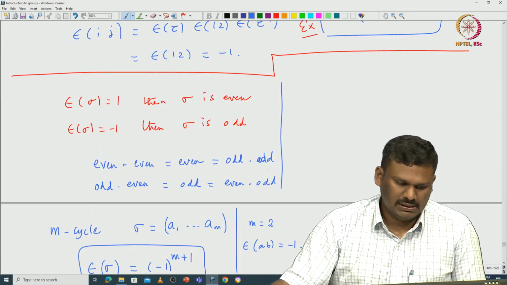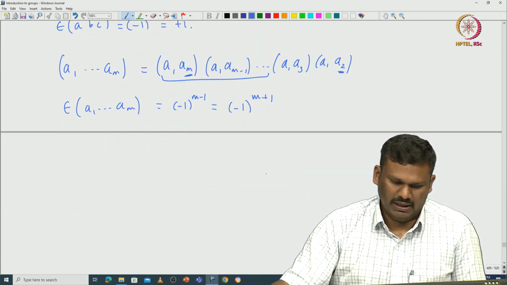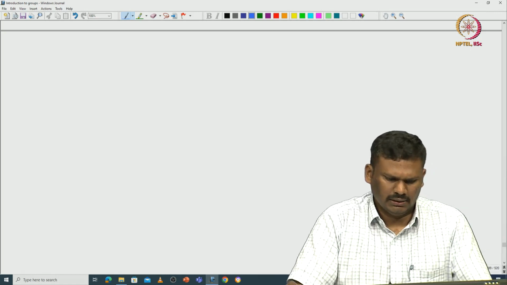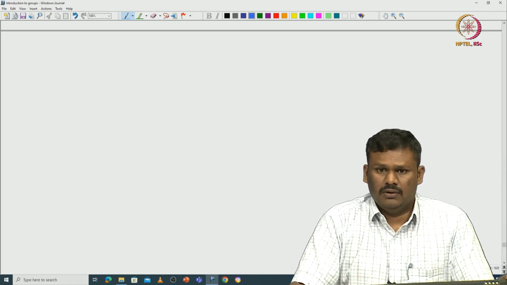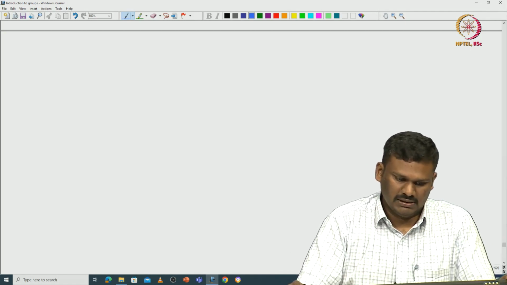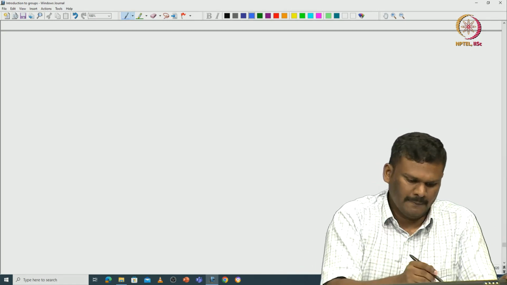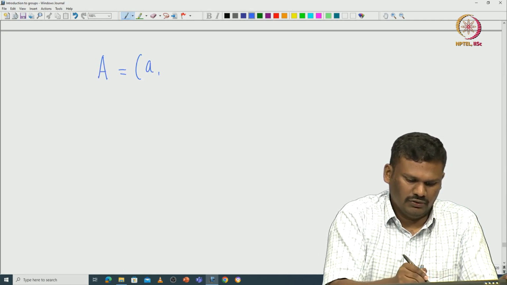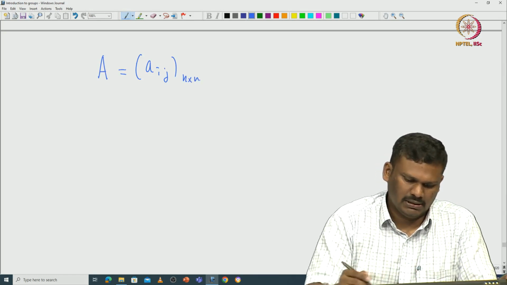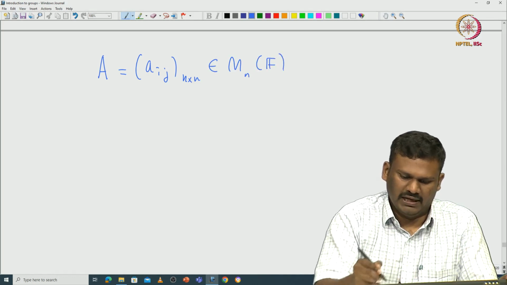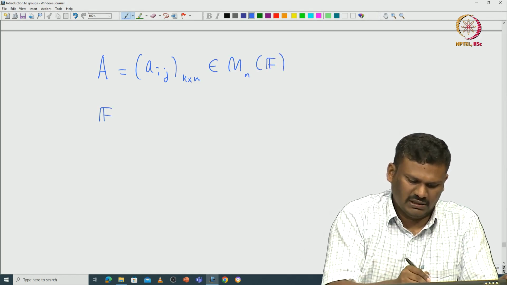In many places this sine map is very explicitly used. For example, in the determinant formula for any n by n matrix, that is the place where it is very much used. If you start with a matrix A, which you call Aij, an n by n matrix, let us say in Mn over a field F. F is a field.